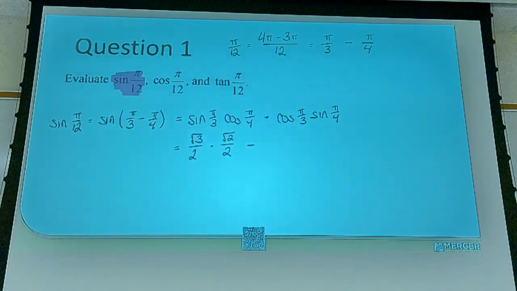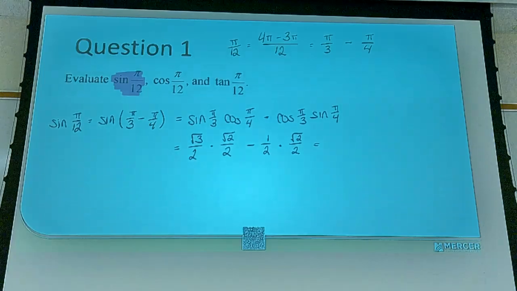Cosine pi over 3, wait, you said cosine of pi over 4. Cosine pi over 3 is 1/2. And sine of pi over 4 is square root of 2 over 2.